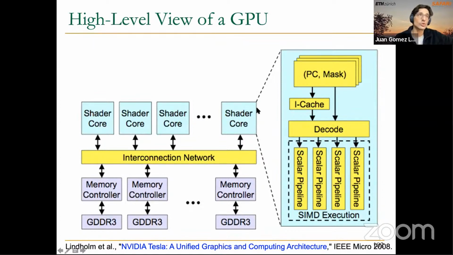If you take a closer look at this shader core, you will identify multiple program counters for the different warps, and masks as well, because this is a SIMD machine, so we need a register mask. Here we have the instruction cache, decode, and the scalar pipeline, which are the functional units or the lanes that execute the instructions for each of the data elements.